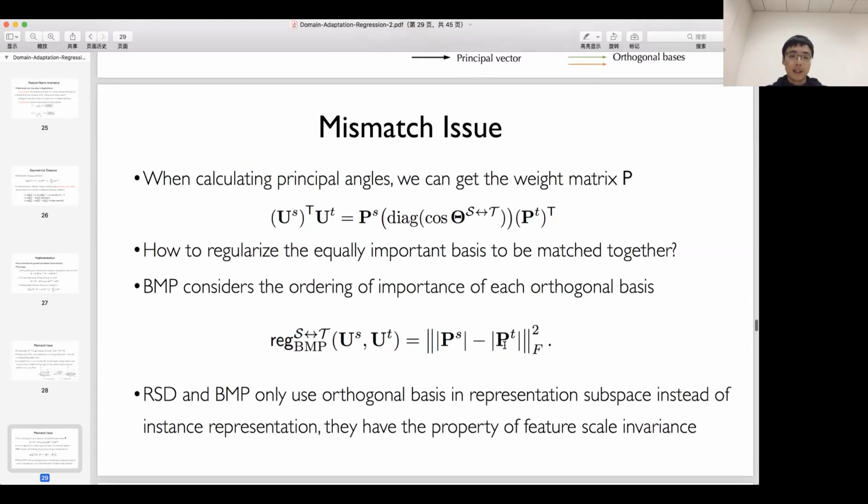We can find that all our regularizers, including SVD and BMP, only use the orthogonal bases in the representation subspace, while other domain adaptation methods always use the instance representation. So I think our method has the property of feature scale invariance.